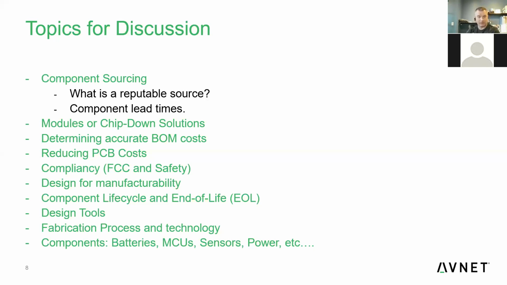The intended purpose of these, we call them catalog distributors or e-commerce distributors, is to service the lower volume business. And they understand that when you're building prototypes and proofs of concept, you need product that's on the shelf. So they tend to keep it in inventory.